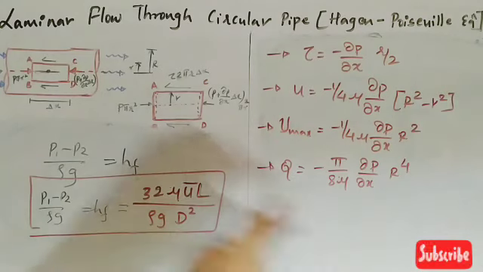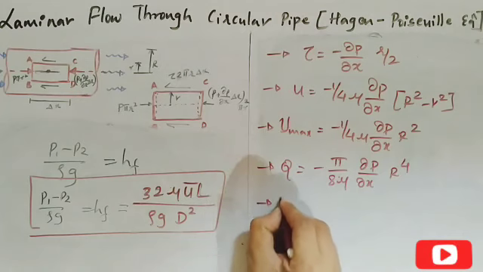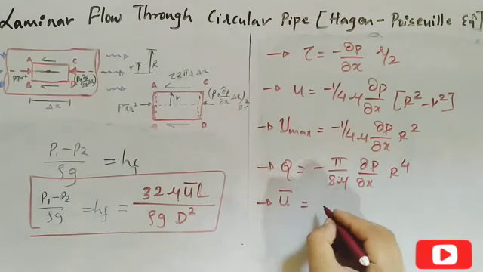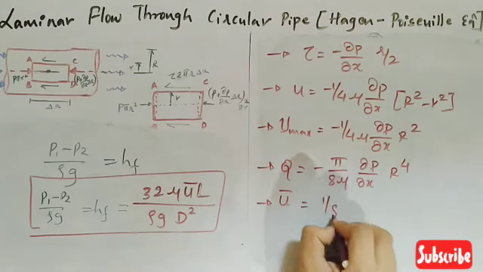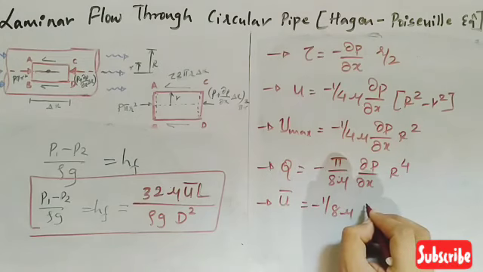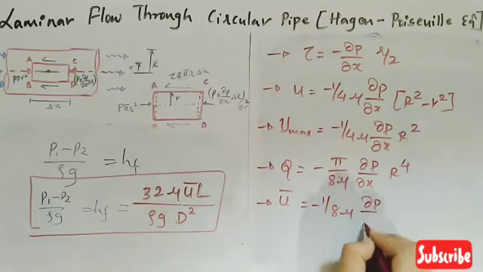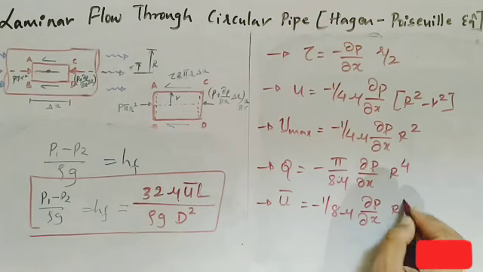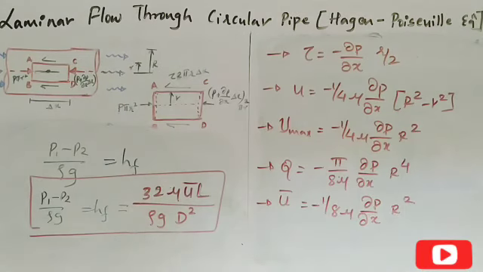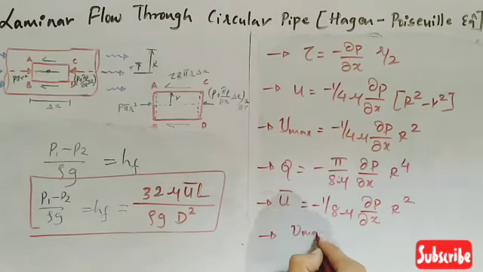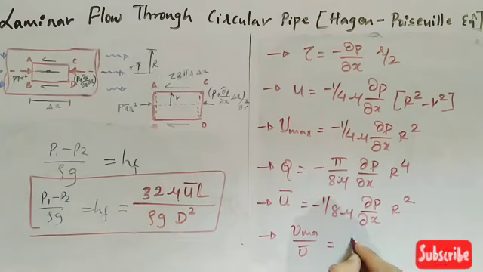Then the average velocity, u bar, will be equal to minus 1 by 8 mu dou p by dou x into R square. Now the important ratio, u max divided by u bar, will be equal to 2.